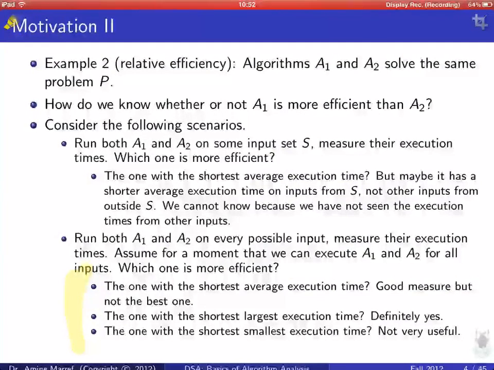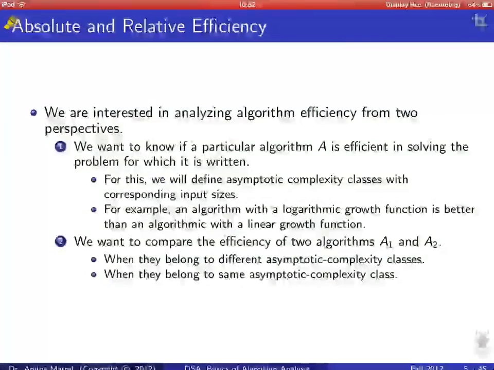Like this loop in line 5 and the loop in line 10, their maximum iteration number depends on the variable n. So that's why we look at them.